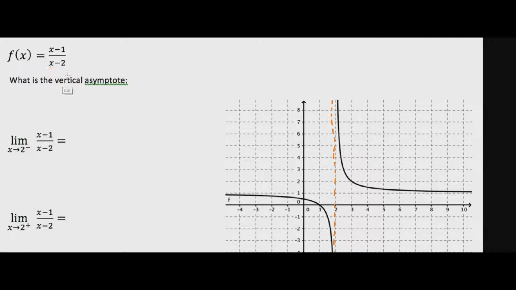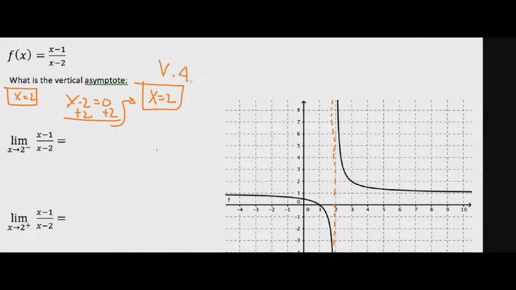Therefore, I can conclude that my vertical asymptote has to be x equals 2. That's the number that we need to plug in to get 0 on the denominator. Or if you weren't sure, you can always take the factors in the denominator and set them equal to 0. x minus 2 equals 0. We add 2 to both sides, and we get x is equal to 2. And that is my vertical asymptote.